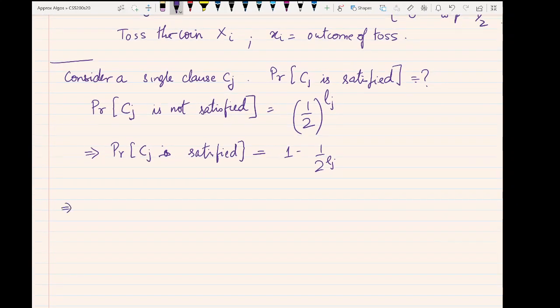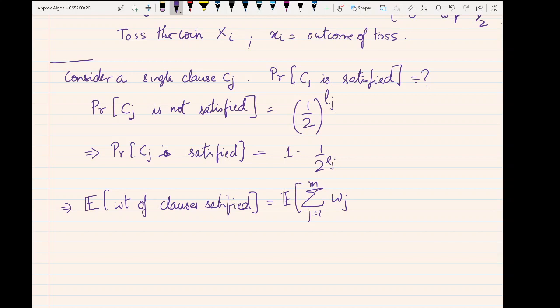This implies, and I'm going to go over this a bit fast, the expected weight of clauses satisfied is the summation over j equal to 1 to m of Wj times a random variable Zj, which is 1 if Cj is satisfied and 0 otherwise.